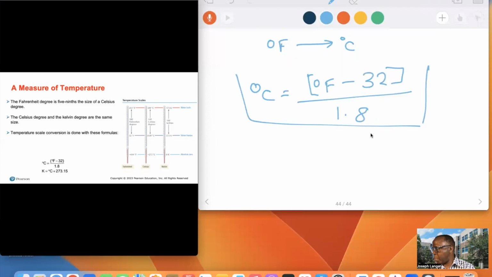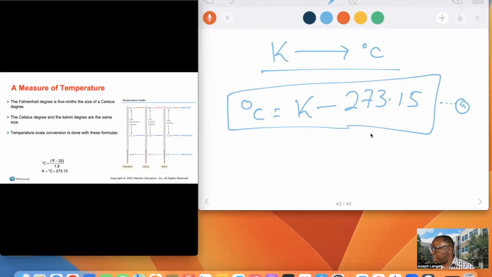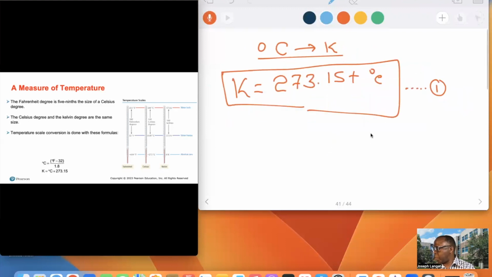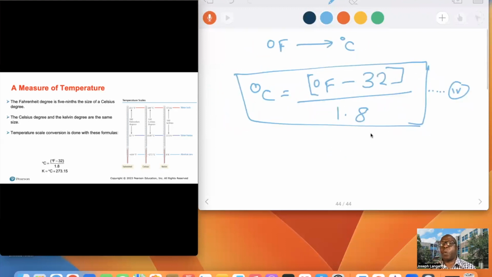This is equation number 4. So this is equation 3, this is equation 2, that's equation 1, and this is equation 4.